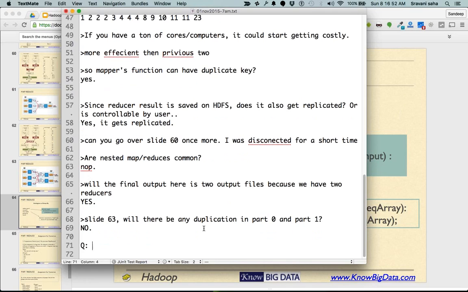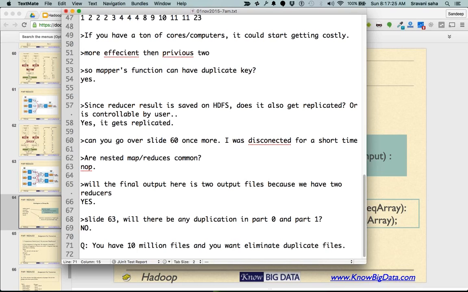So the question is, you have a million files, million music files, and you want to eliminate duplicate ones. Million files, not music files. Duplicate files. What are you going to do?